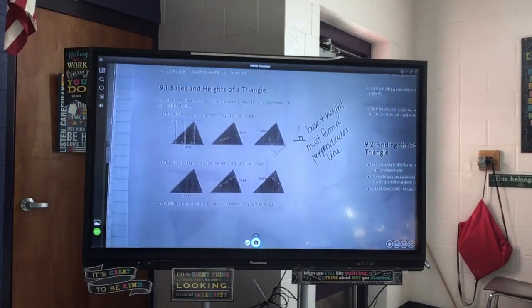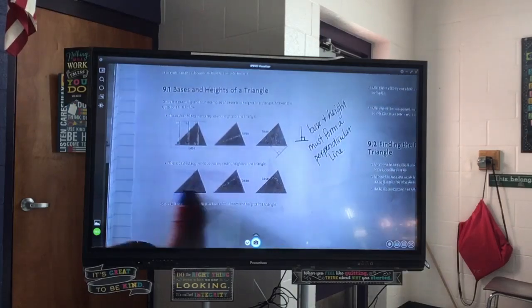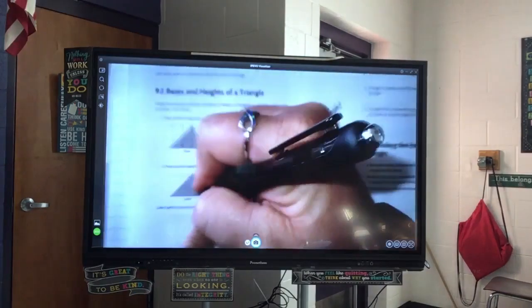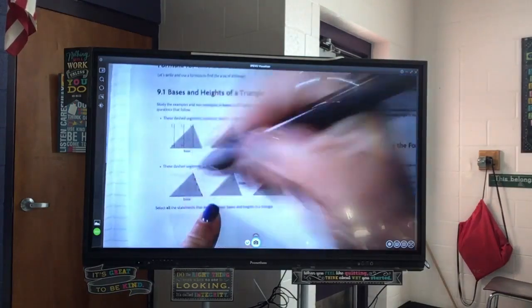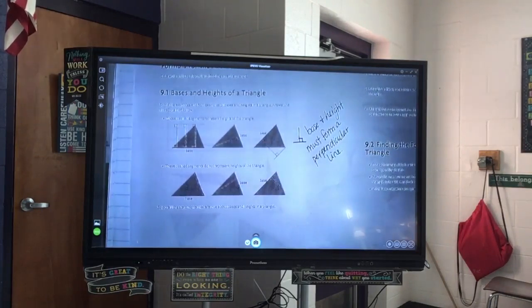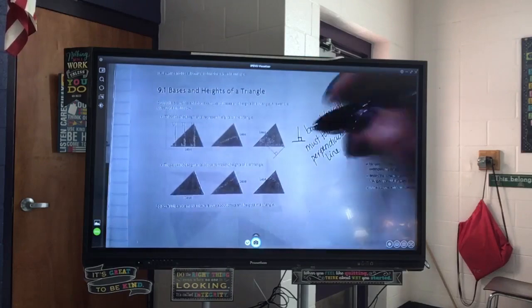And then the dashed segments for the bottom three do not represent the height of the triangle. The dashed segment for this one is along that side. It's just really hard to see, so I just kind of added it in. Give me a thumbs up when you have this written down to the side.